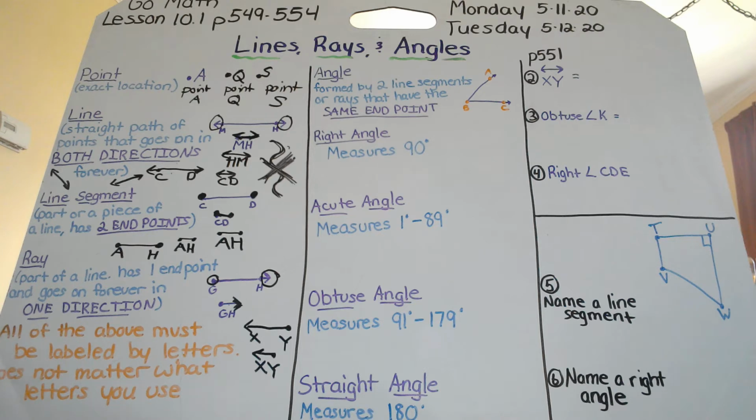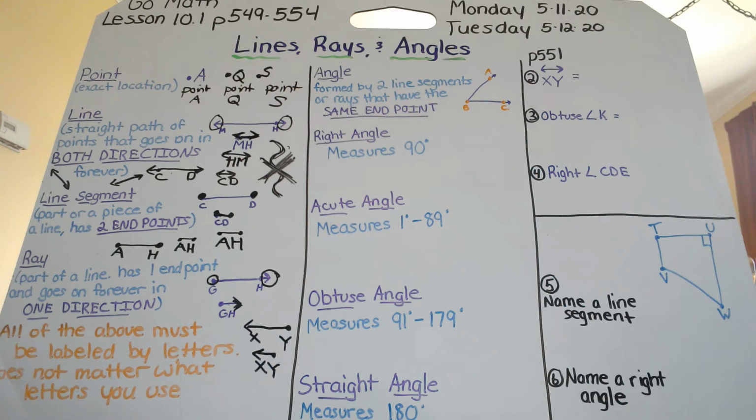So a ray has one endpoint and it goes on and on forever in only one direction, to either the left or the right. Or it can go to the top or to the bottom, depending on how your line is drawn. Okay? So all of these right here, all of these have to be labeled by letters. It does not matter what letters you use. Okay?